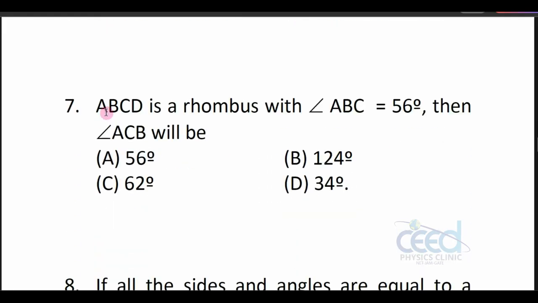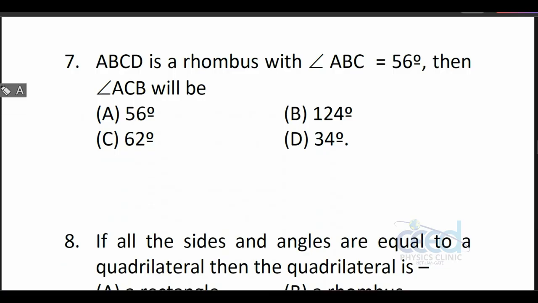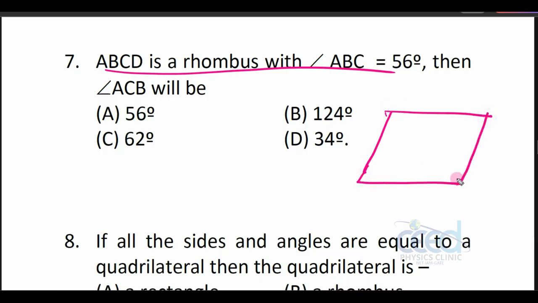Now let us go to another question. ABCD is a rhombus. A rhombus is one in which all sides are equal, but the angles are not right angles. So angle ABC they have given as 56.